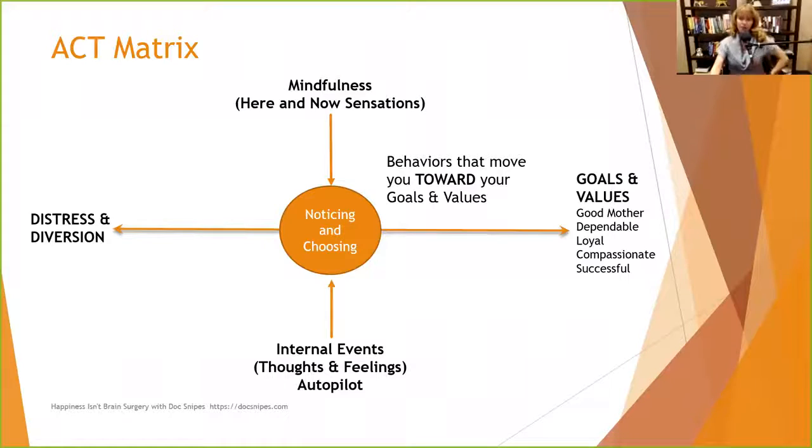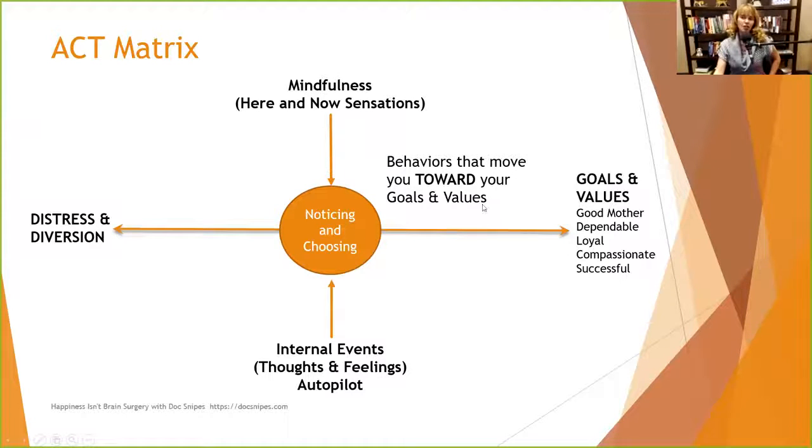So, moving through this matrix, we know what our goals and values are. We know what our destination is and where we want to go. We know that every time an event comes up, we're going to have some automatic thoughts and feelings that just pop into our head. Some are going to be good, some are going to be bad. We also know that we can choose. We can be mindful of our thoughts and our behaviors.